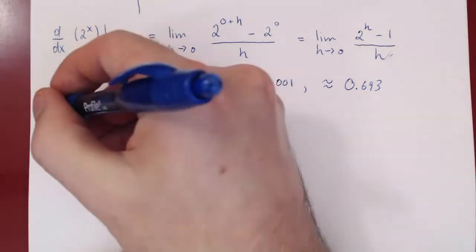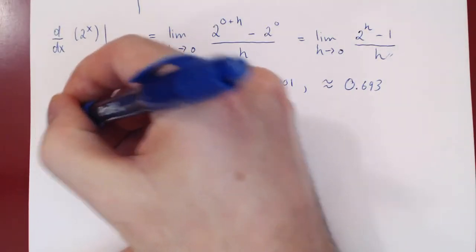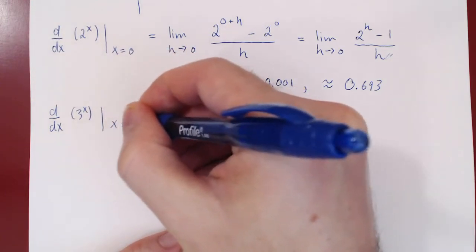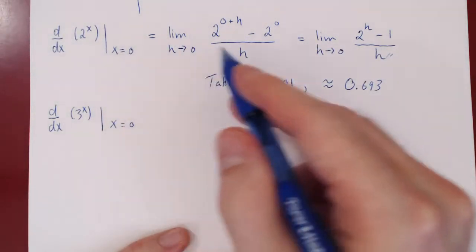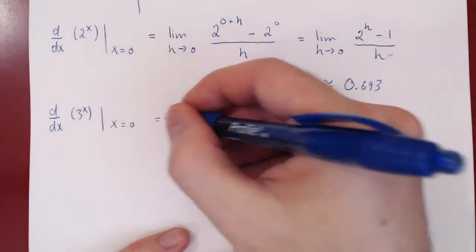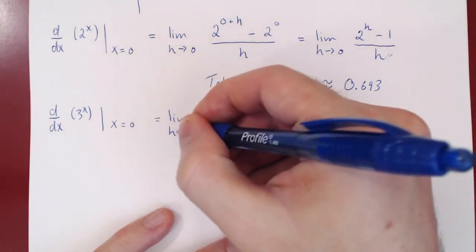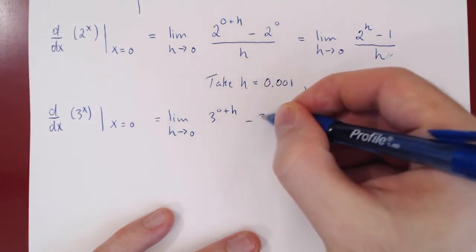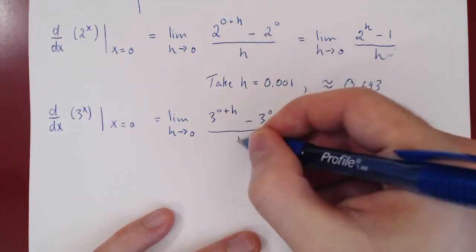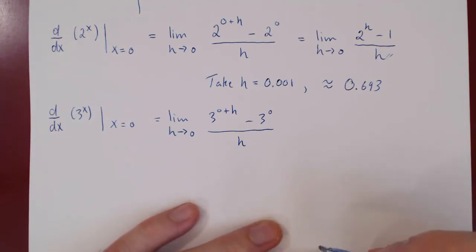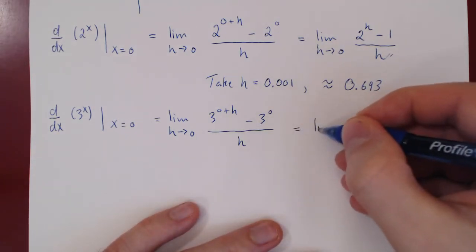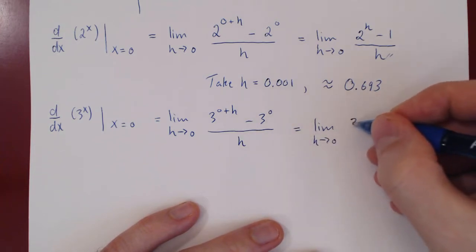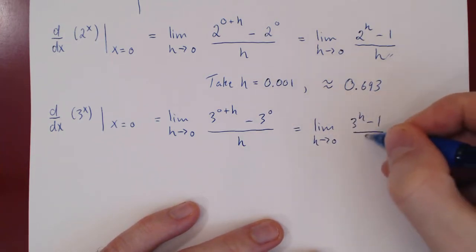So the derivative of 3 to the x specifically at x equals 0, well, this would be the same as for 2, except we change 2 for 3. So the limit as h approaches 0, 3 to the 0 plus h, minus 3 to the 0 over h. Again, this simplifies as the limit as h approaches 0 of 3 to the h minus 1 over h.